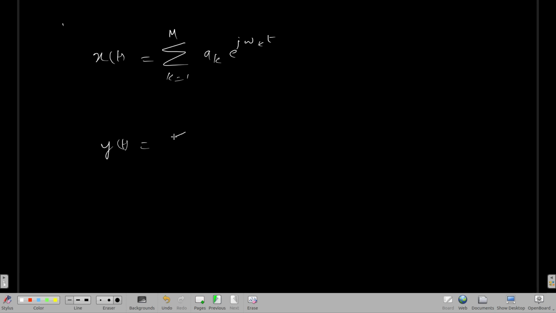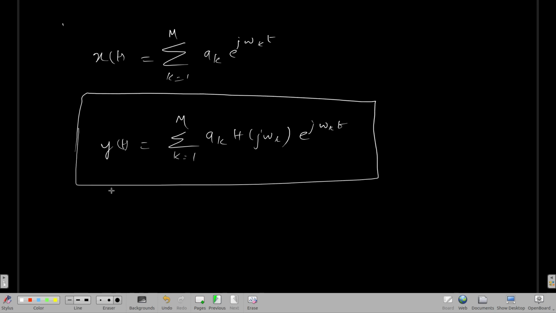So, what is the advantage of doing this? Now, if we extend this, we have this. This is very significant. Why? Because we just converted our convolution into a multiplication.